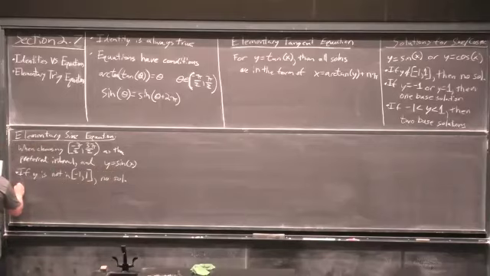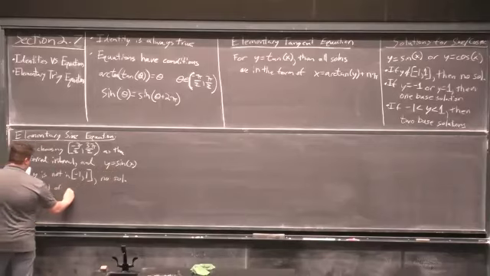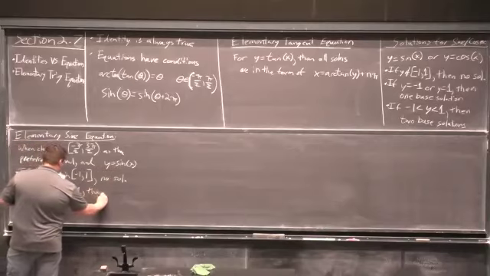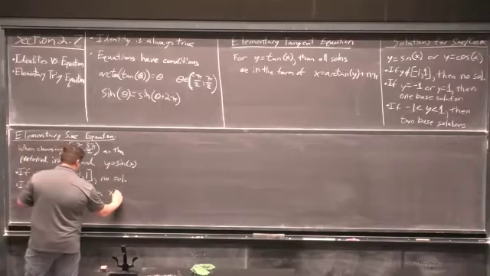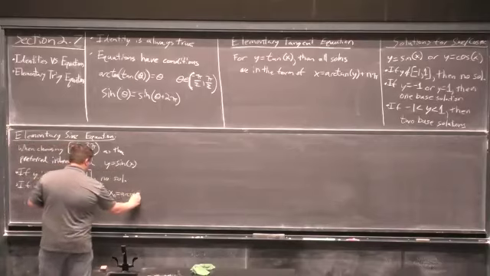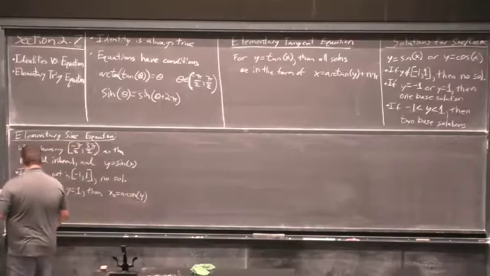If y is equal to -1 or y is equal to 1, then our base value, x naught, is equal to arc sine of y.